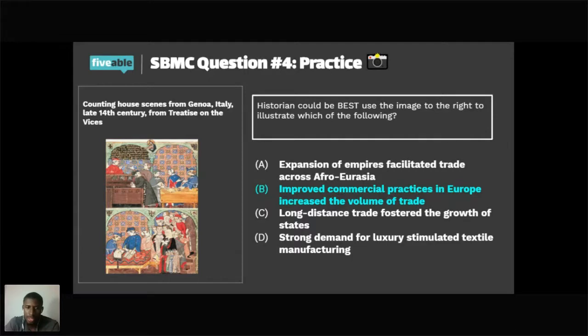I could see where you guys could have gone with C or D. I'm just looking at the responses right now. Yeah, because it's one of the points that I gave you guys, but I would really choose B because it did improve commercial practices in Europe and increase the volume of trade. And it couldn't have been D because it wasn't necessarily suggesting or talking about the Silk Road at this time. So it would have been B.